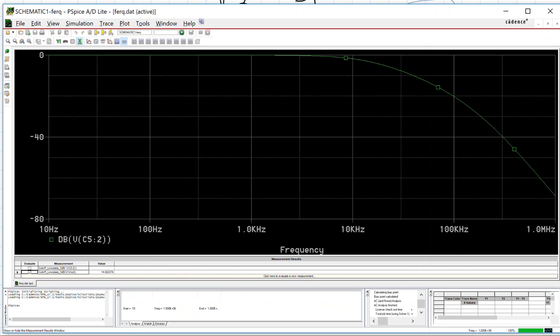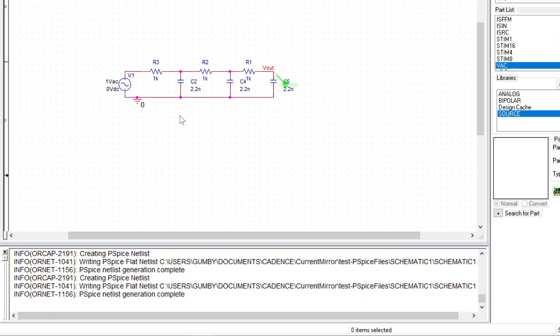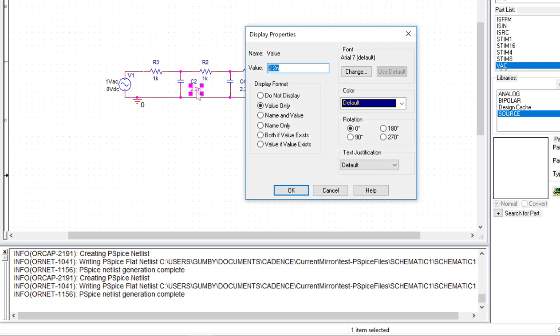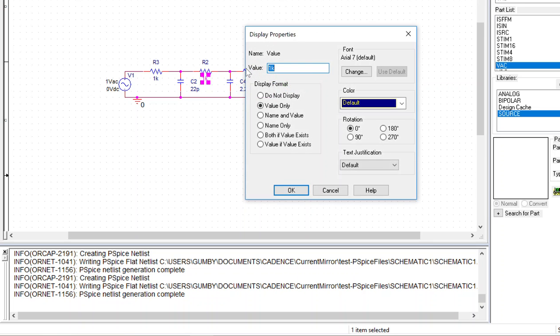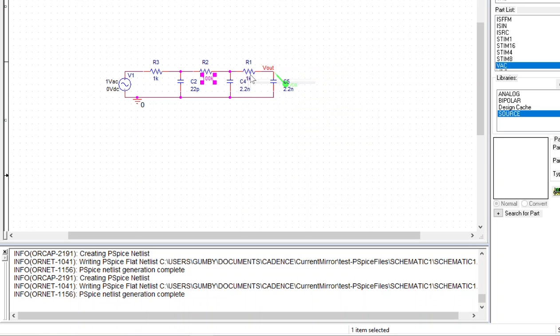And let's go ahead and do the simulation on that. So let's change my simulation here. So this is 22 picofarad. This is 100K.